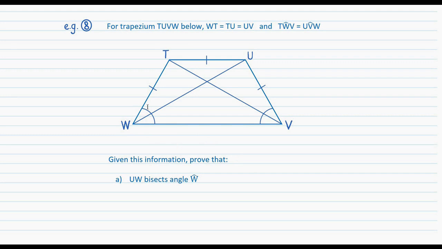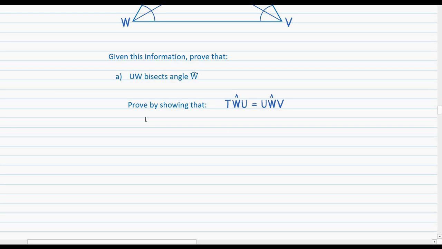In other words, TWU is equal to UWV. Now with these word description type questions, this step is something you would need to identify yourself by analyzing the situation. And while you can write it as part of the answer, it's not necessary. I would suggest in a test or exam, just write this somewhere on the side, just so you know in your head that that's what you need to do.